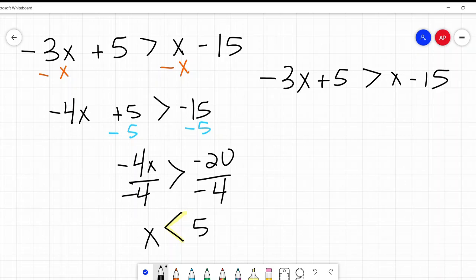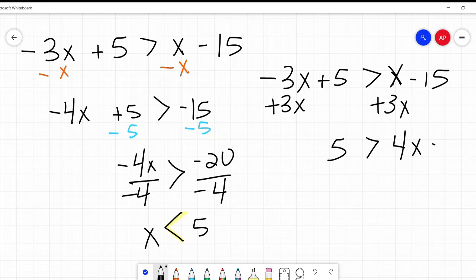Let's see what happens if we do it with this inequality. What if I moved the variables that way and I moved the numbers to the left? Let's try it. What if I added 3x to both sides? Then I get 5 is greater than 4x minus 15. Then I would add 15 to both sides.